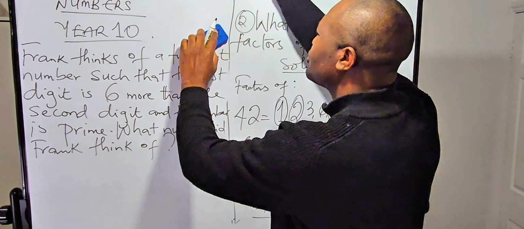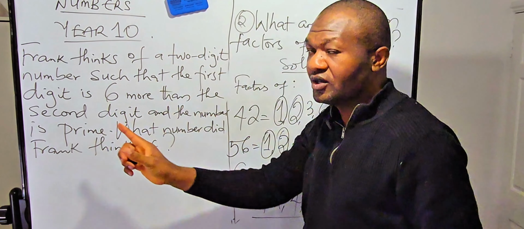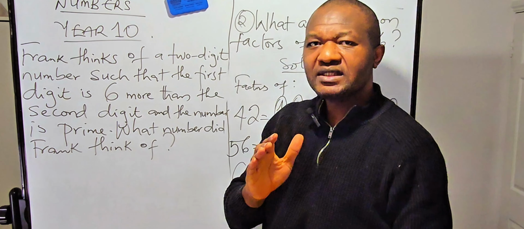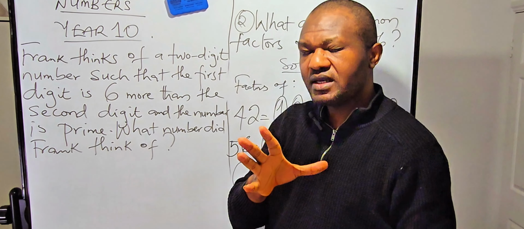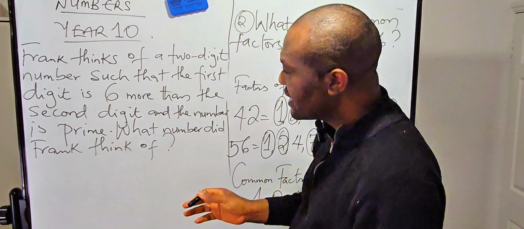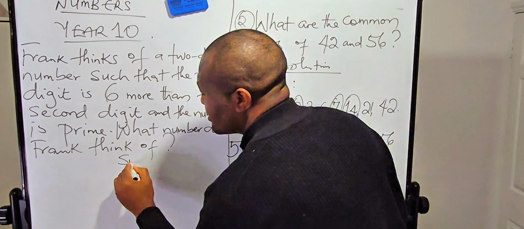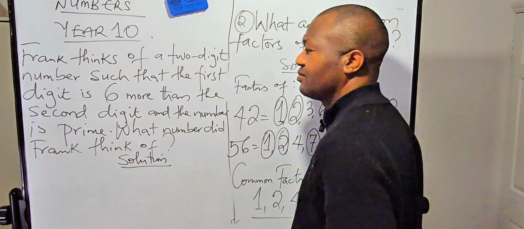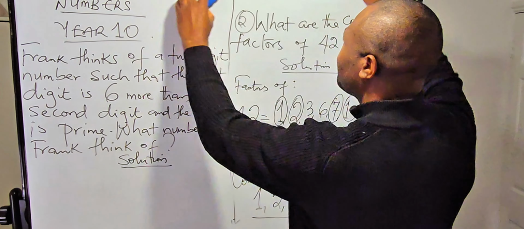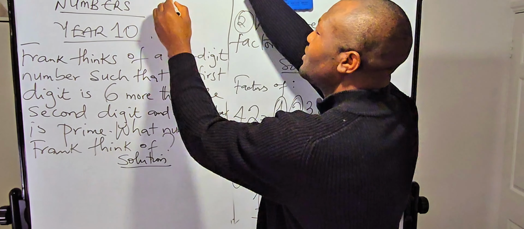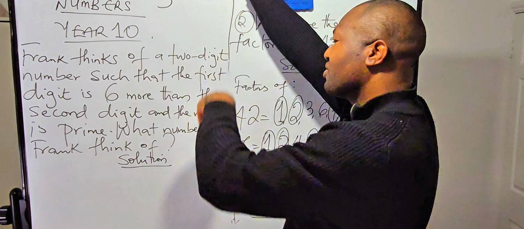Now you are going to ensure that the 2 digits are such that the first digit is 6 more than the second digit. It is simple. You are going to start with 6. If you start with 5 or a number less than 6, you will not get the right answer, because 5 cannot be 6 more than any number.